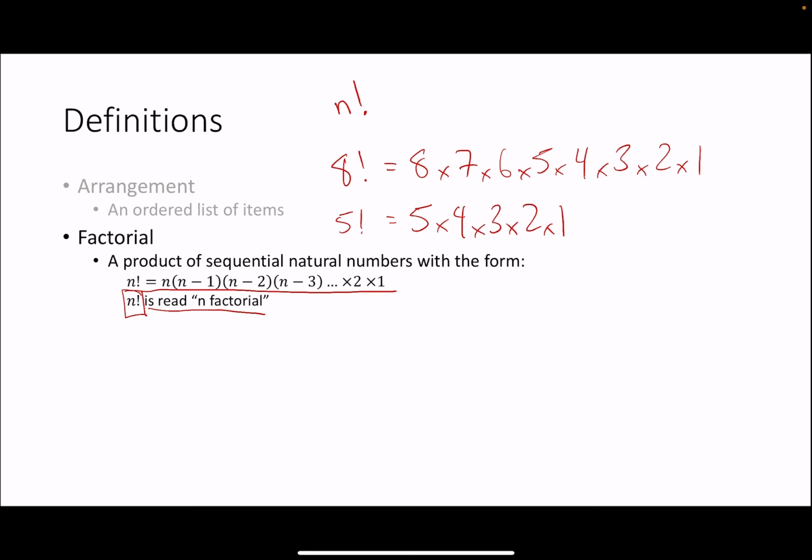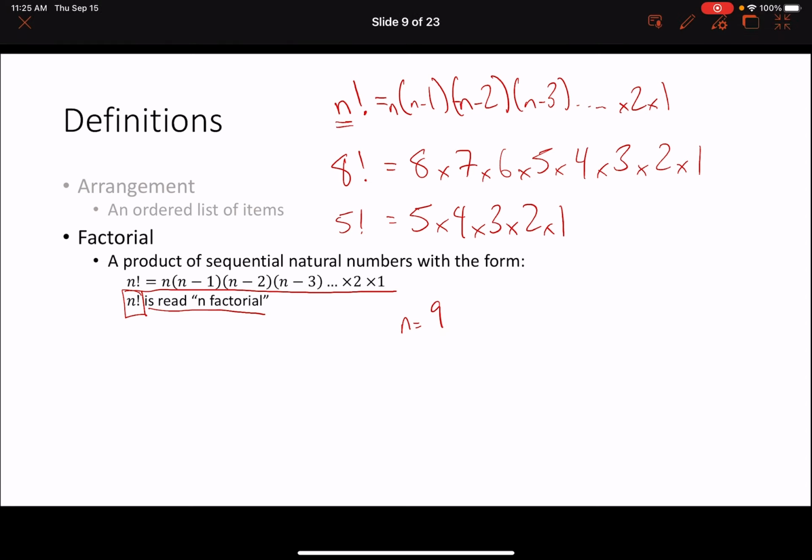And now let's relate it back to this equation here, which is n times n minus 1 times n minus 2 times n minus 3, and the sequence keeps going until I hit times 2 times 1. Now if n equals 9, that becomes 9 factorial.